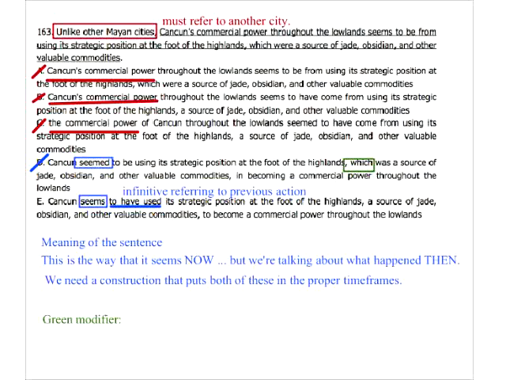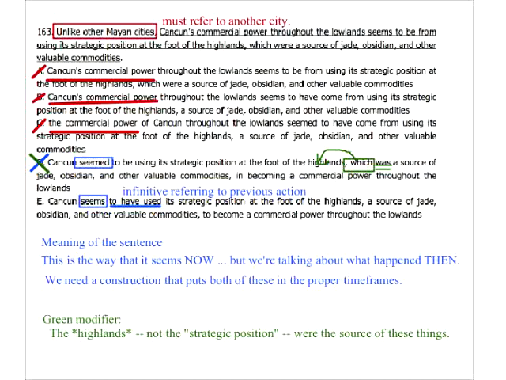Were the source of these things. So the problem is, we need a which that points to highlands. This seems to do that, but then the issue is that it's which was. So this would require a singular verb. You can't say the highlands which was. It would have to be the highlands which were.